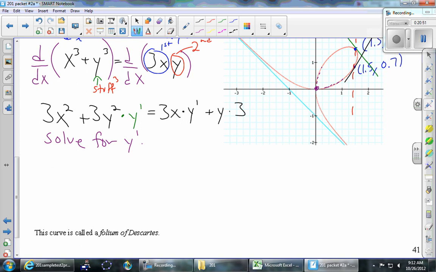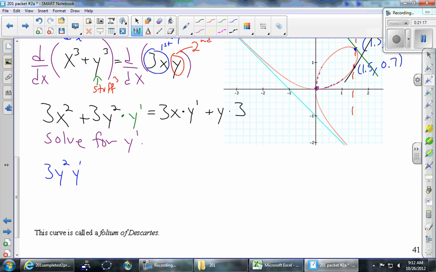So how many y primes do we see? We see 2. Let's get the y prime terms on one side. Let's bring them to the left. Doesn't matter. And then the terms without on the other side. So what stays on the left? I'm going to bring the y prime terms to the left. Okay, so the y prime term stays on the left.